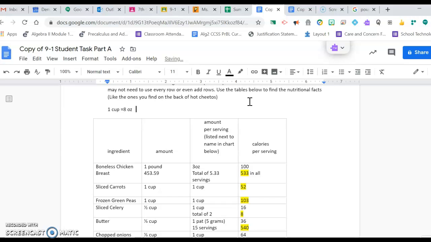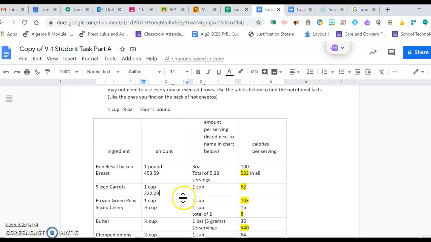Another conversion I'm going to give you is 16 ounces equals 1 pound. So then I could say that this 1 cup is going to be half of this number, right? So it's going to be 222.09. Okay, use a calculator.